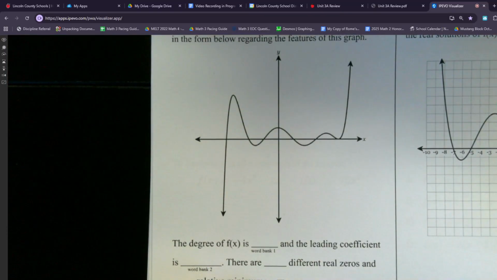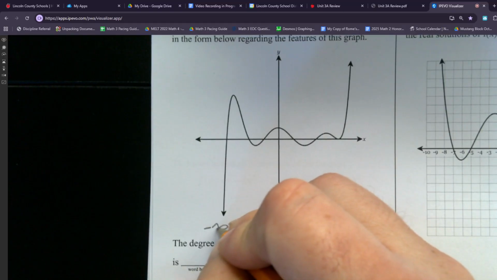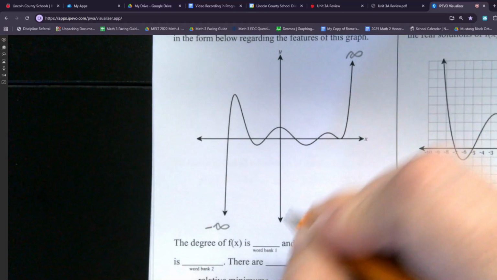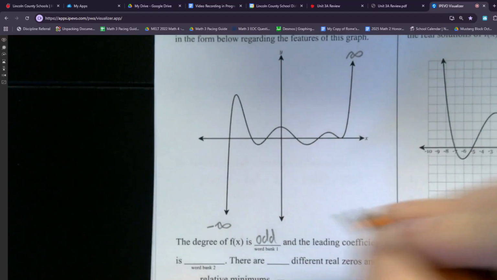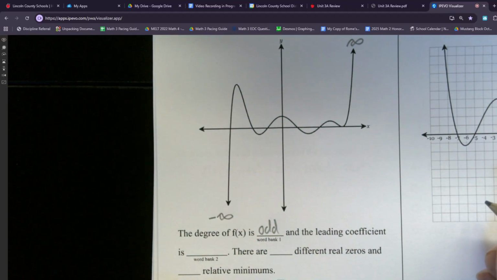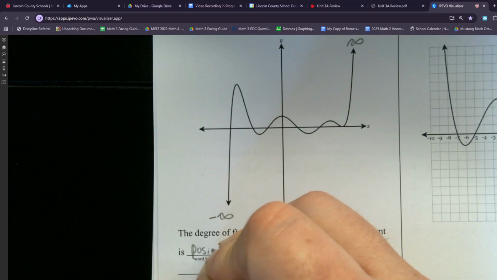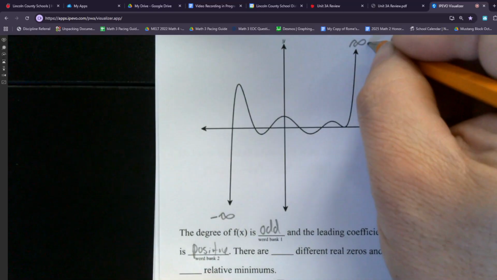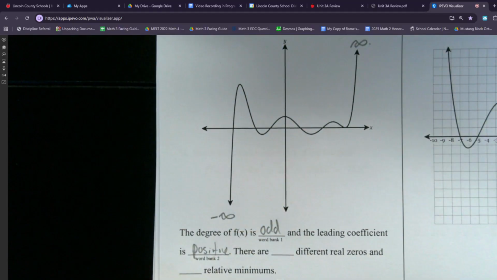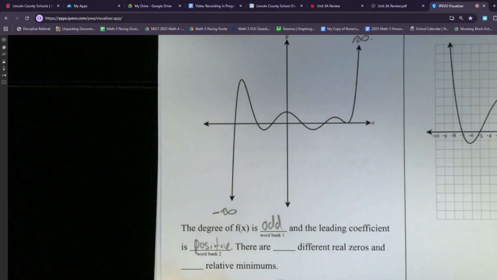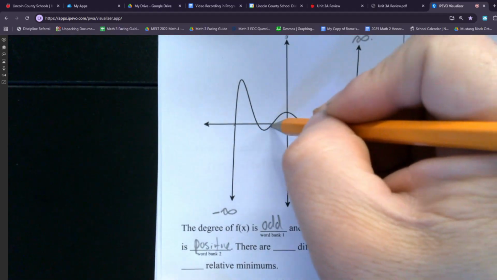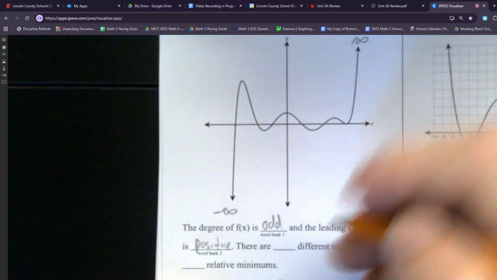Once again, going in the opposite directions here on your end behavior. So that depicts an odd degree function. And the leading coefficient is positive simply because it rises right and falls left. Zeros, 1, 2, 3, 4, 5, 6 zeros.